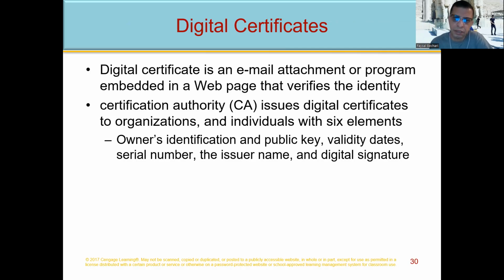Then you have a certification authority, which issues a digital certificate to organizations and individuals with the elements: validity, state, public key, serial number, issuer name, digital signature, and identification.